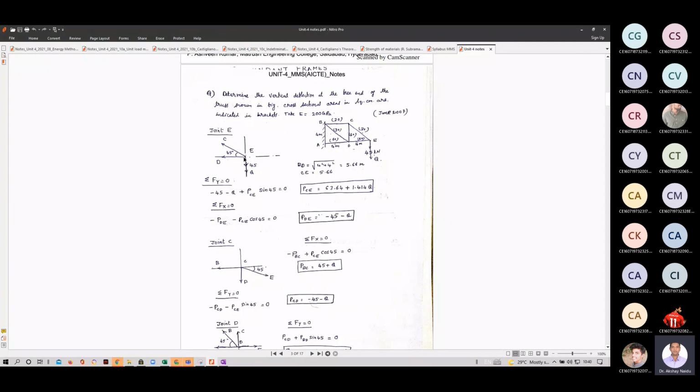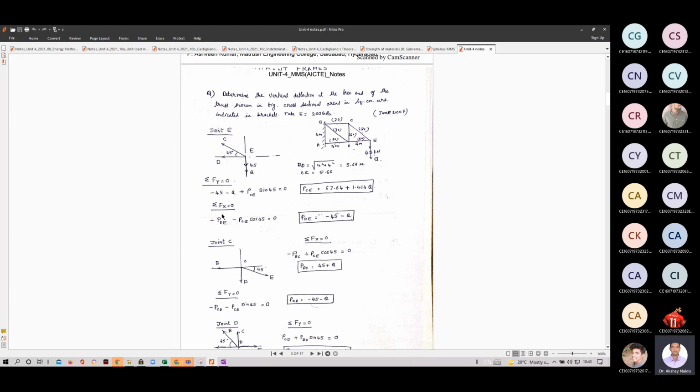So at E, you will get PCE and PDE. So PCE sine 45 upwards. So this is PCE sine 45 minus 45 minus Q downwards. When you add up this, you will find PCE in terms of Q. So you will get this expression.